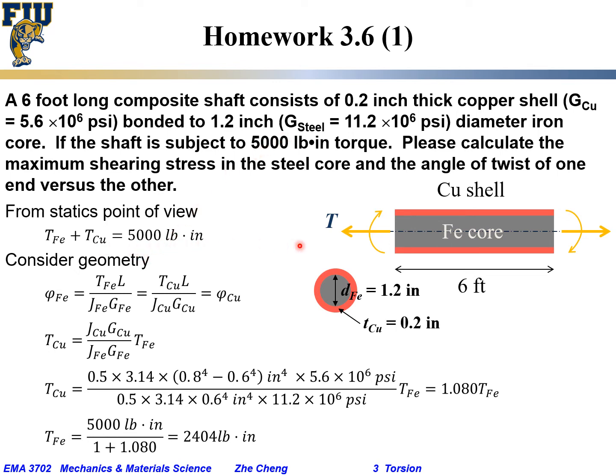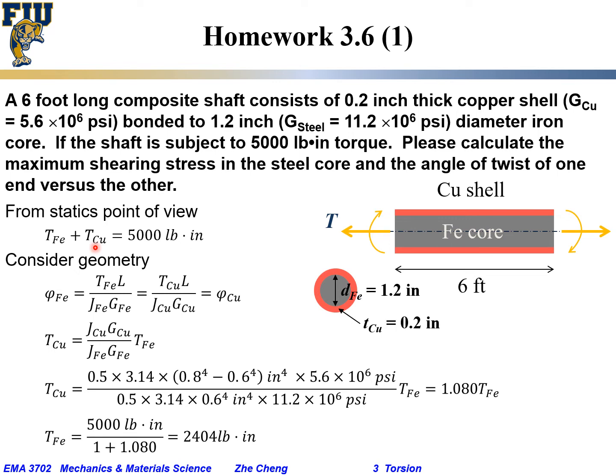The total torque is shouldered by two parts, some part by the iron and some part by the copper, but the total for these two parts of the material combined is 5,000 pound-inch. That's the only equation that we can get from statics. So from here, we cannot know how much of the torque falls onto the iron and how much falls onto the copper.